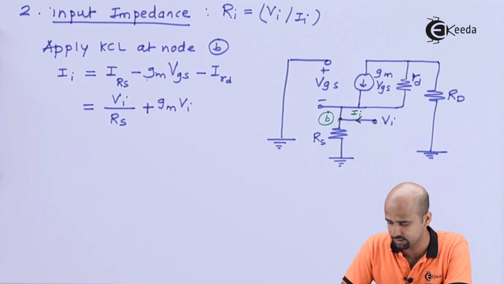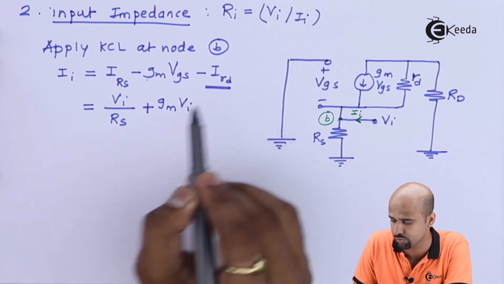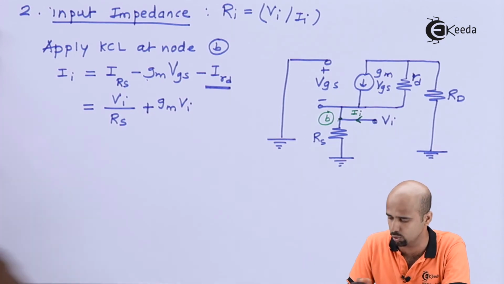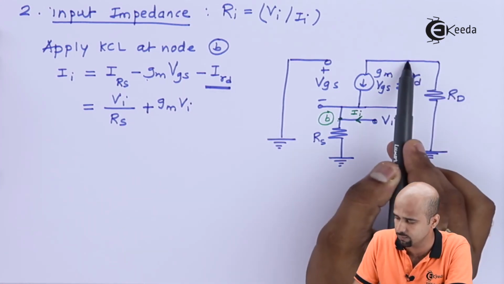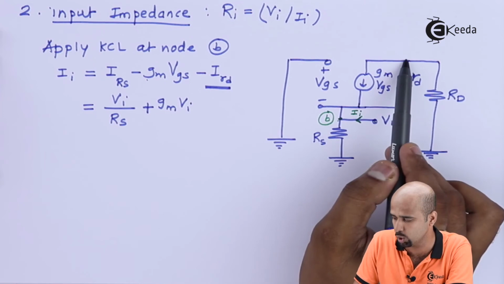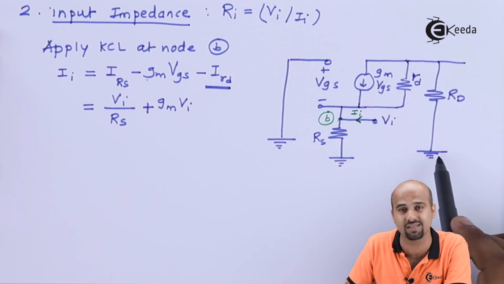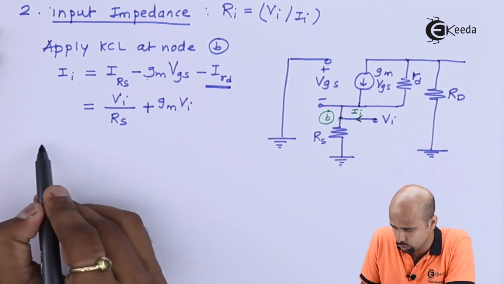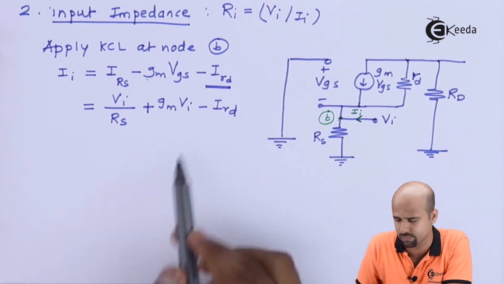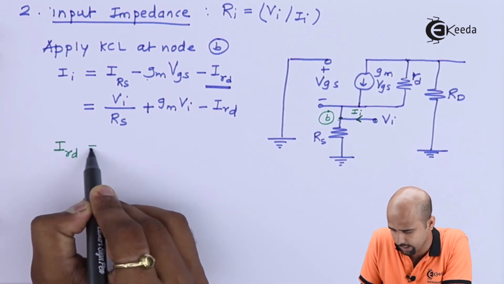And I will say that this term is very small. Though you can include it if you want, IRD is nothing but VO minus Vi divided by rd, and VO is the value coming from this resistance. So I'll keep IRD as it is, and I will write here what the value of IRD is.